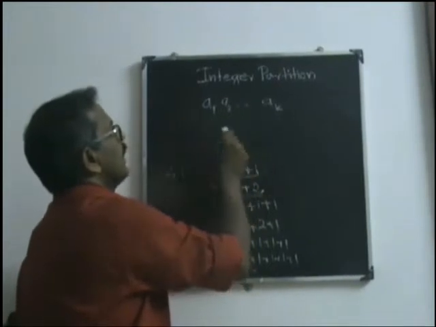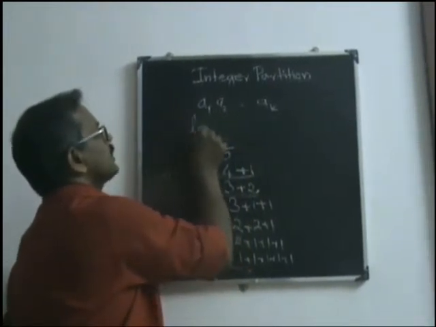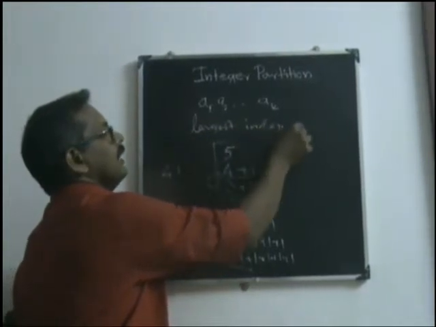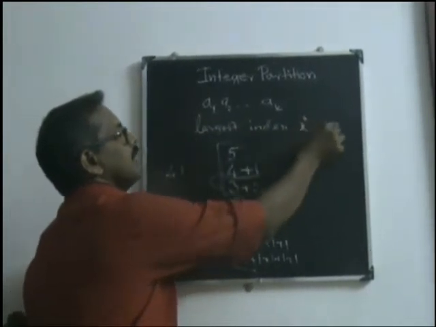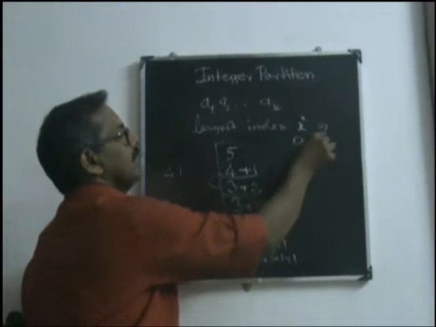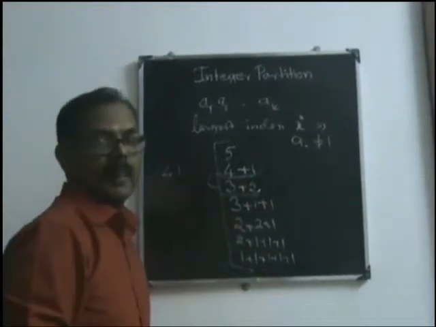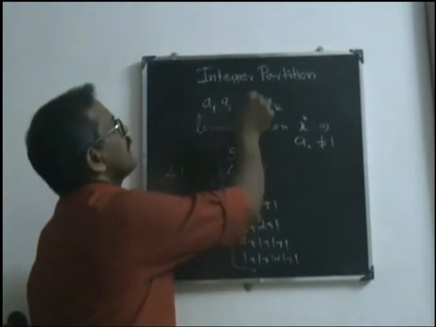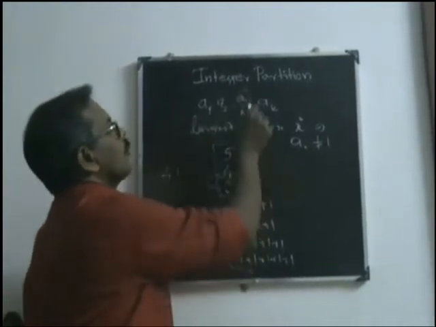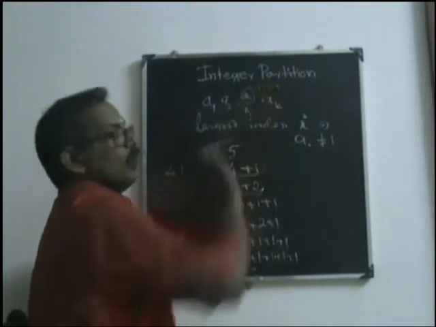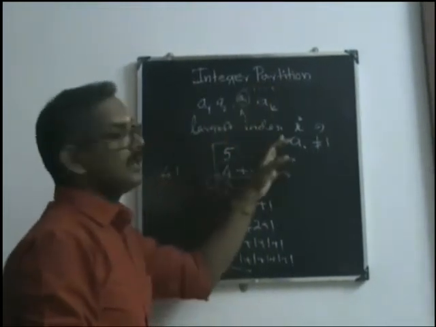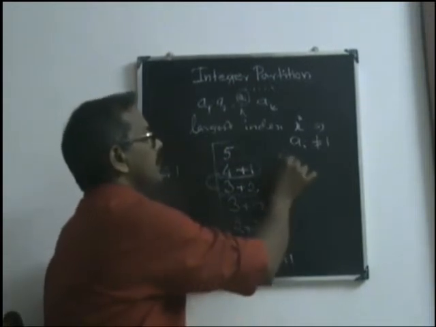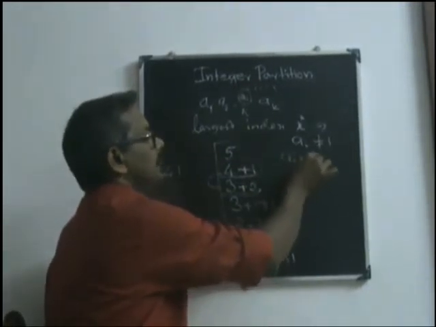We have to find the largest index i such that A_i is not equal to 1. So maybe we can assume that some A_i is here, so that value is not equal to 1, and all the remaining ones here are 1. So the largest index i such that A_i is not equal to 1, and also we can take that A_i equal to some A_(i+1).